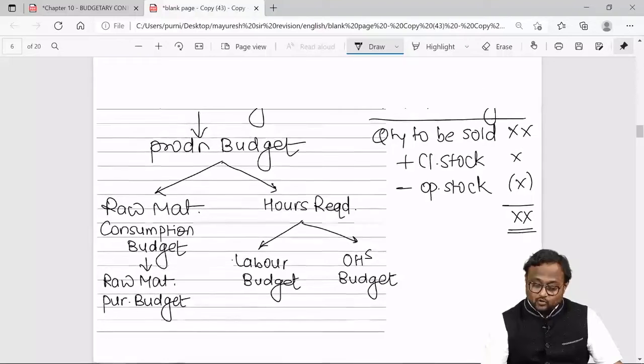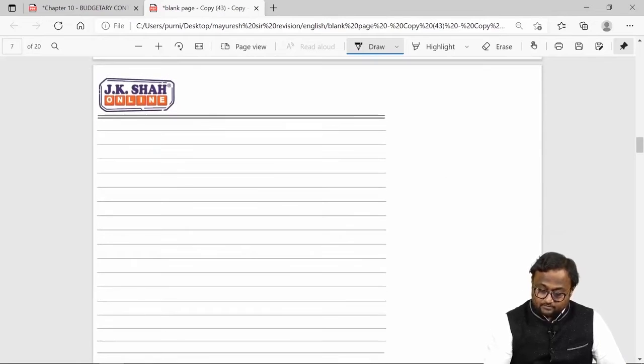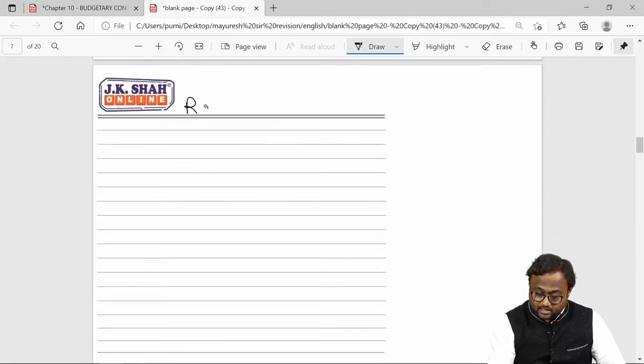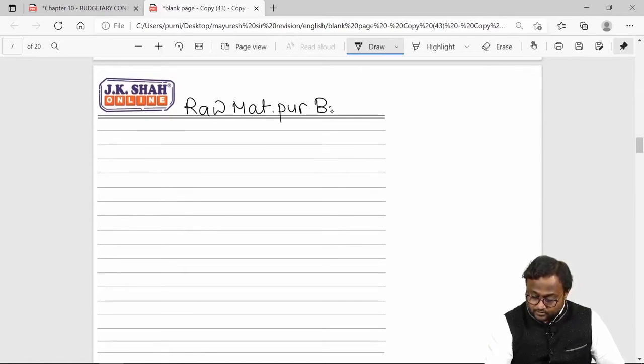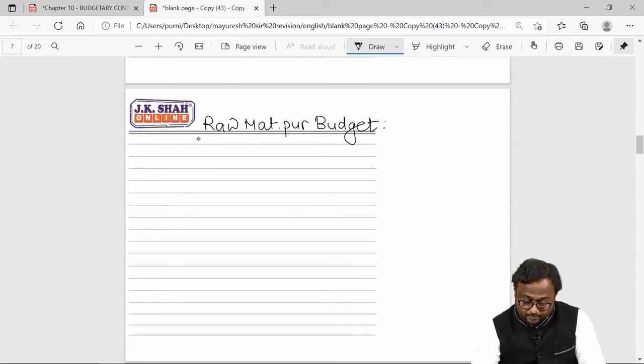So all you need to know is sales budget. Raw material consumption budget and purchase budget can be merged together. I'll call it raw material purchase budget only.